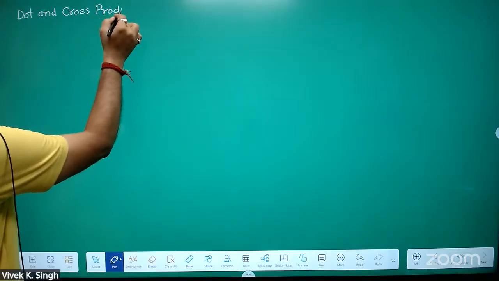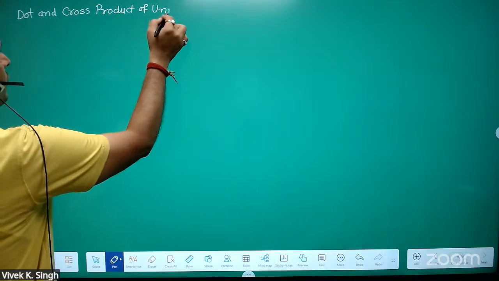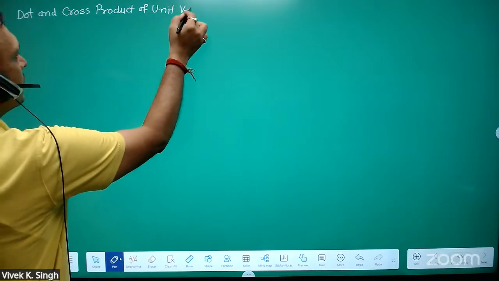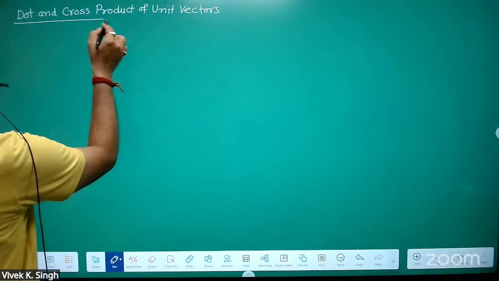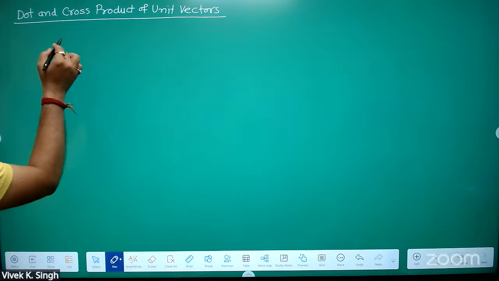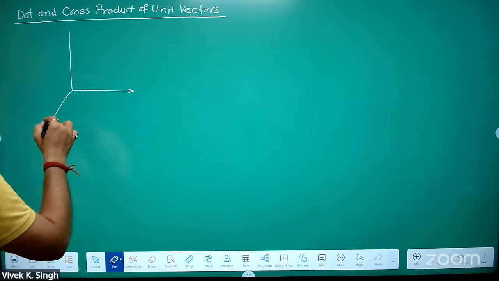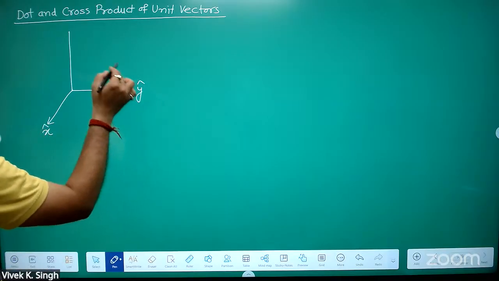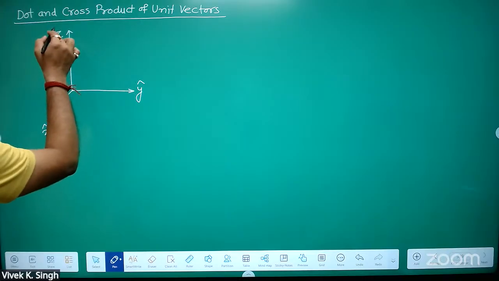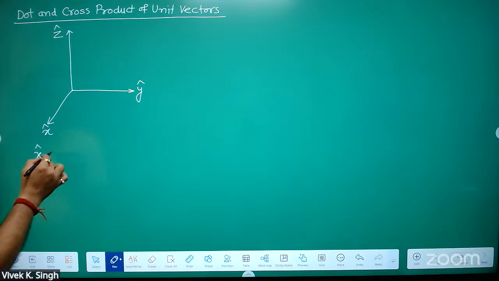Okay. Now see, dot product and cross product of unit vectors. So you know that in the Cartesian coordinate system, we have three mutually perpendicular axes, x cap, y cap, and z cap. They are perpendicular to each other.